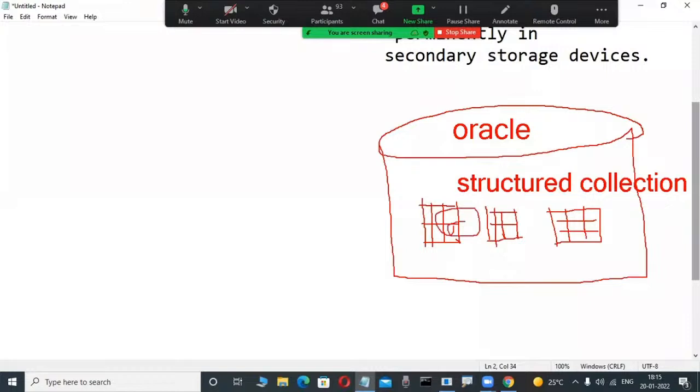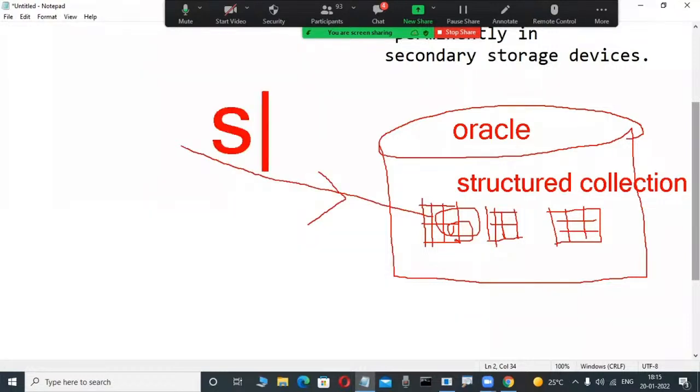Once a structured collection of data is there, to operate on this data some language is required. What is that language? Maybe anybody has an idea? SQL, structured query language. Through this language only, we operate on structured data in relational databases.